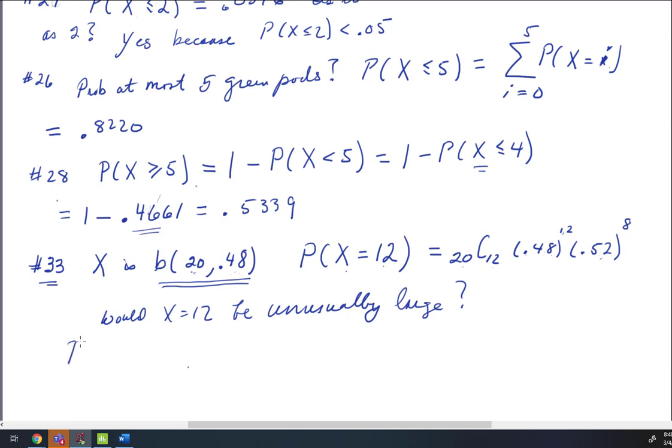Well, we answer that by calculating the probability that x is greater than or equal to 12. If this probability is less than 0.05, we'd say, yeah, that's unusual. But if this probability is greater than 0.05, we'd say, no, it's just kind of run-of-the-mill, happens every once in a while. Now, how are we going to calculate the probability that x is greater than or equal to 12?